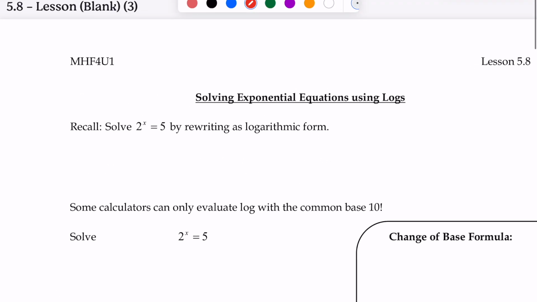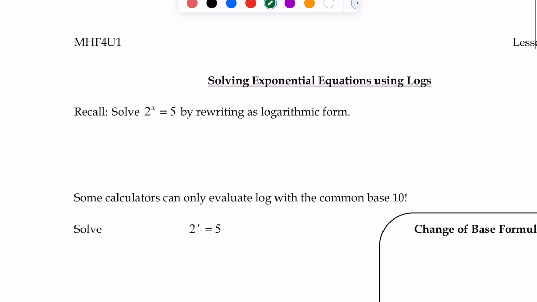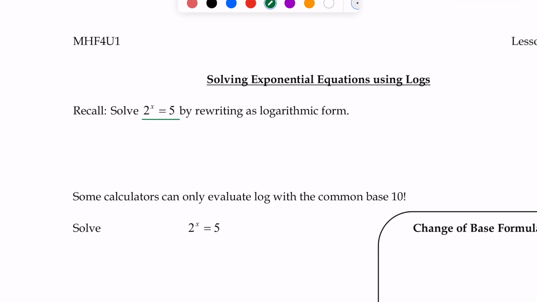So there was a problem that was proposed a few lessons back, when we were focusing on exponentials at the beginning of Unit 5, where you had 2 to the power of x equaling 5. When we solved exponents, the whole concept was that you rewrite the bases so they're the same and then equate the exponents.